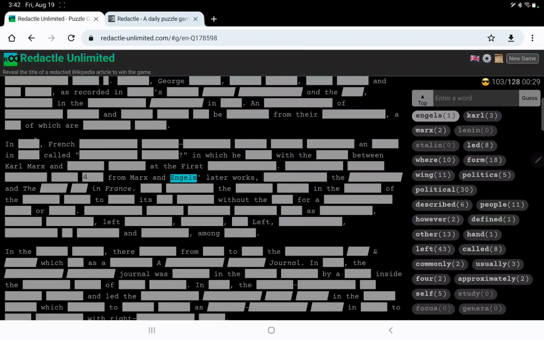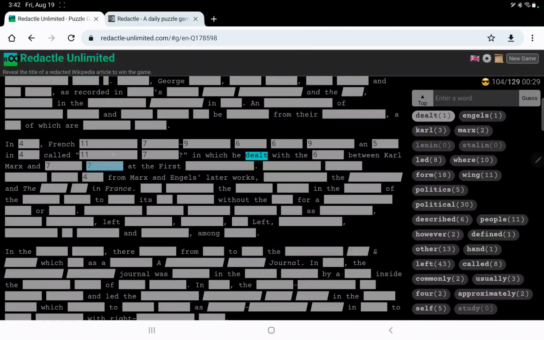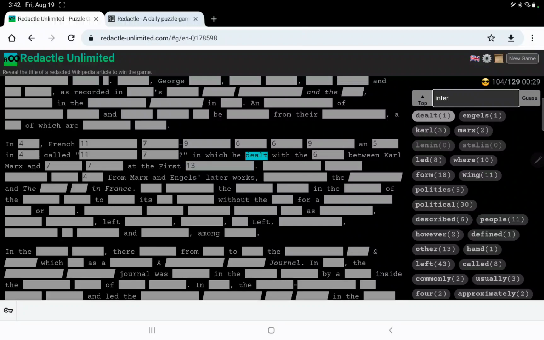Okay. In some year, French something, called 11-7, in which he dealt with the something between Karl Marx and 7-7 at the first, is it Nationale?